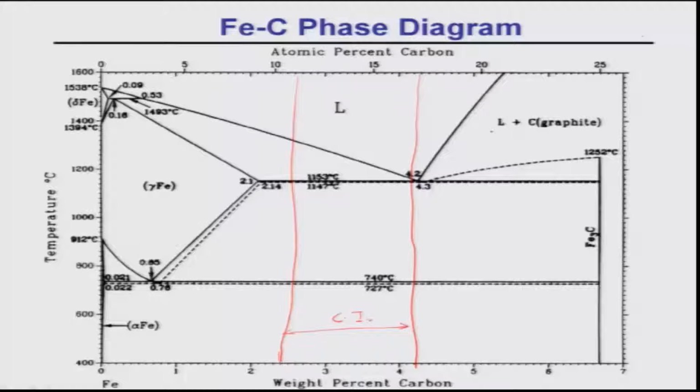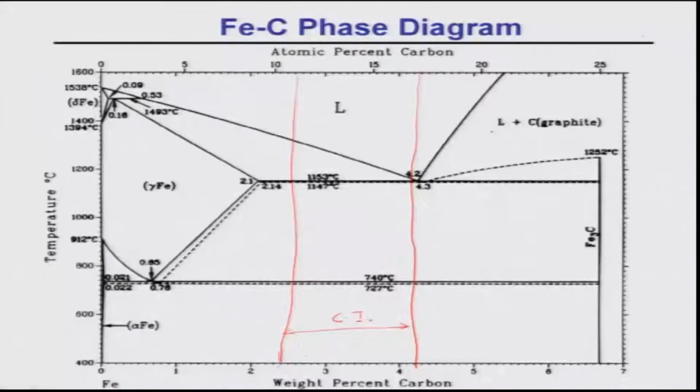That you must remember. Anyway, let me give a recapitulation of what I have done and try to clarify some points from the cast iron point of view. First of all, cast irons are alloys of iron, carbon and silicon, with the carbon concentration varying from 2.5 weight percent to about 4.2 or 4.3 percent.